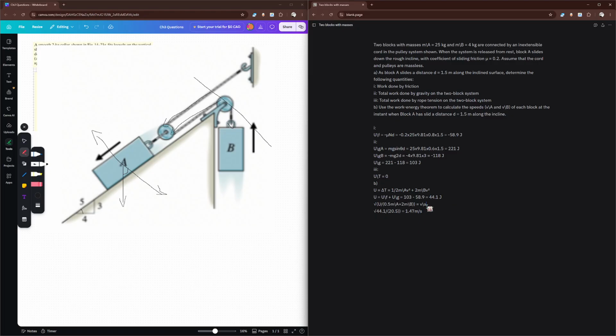And this is VA, and we know that VB is equal to 2VA, so this times 2 is equal to 2.93 meters per second. And that is that question. I apologize for the mix-up in order, but problem solved now.